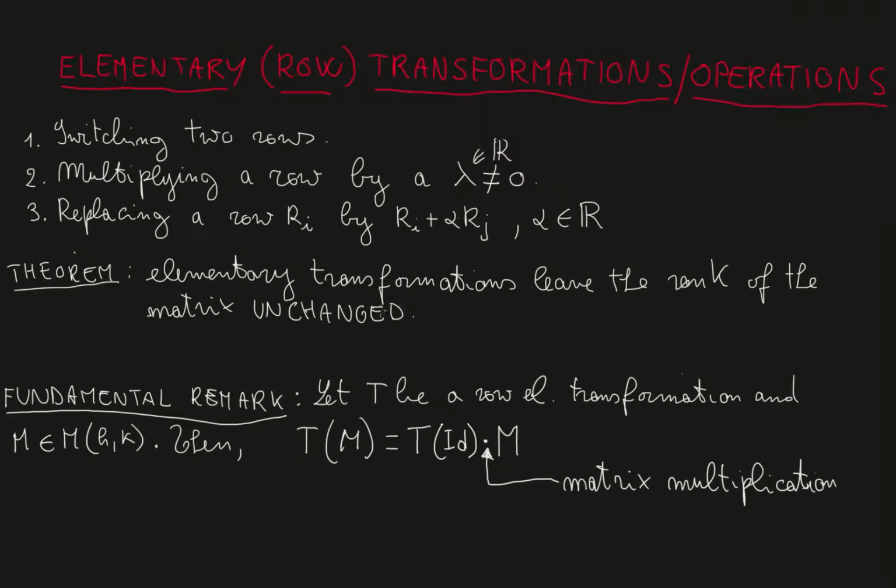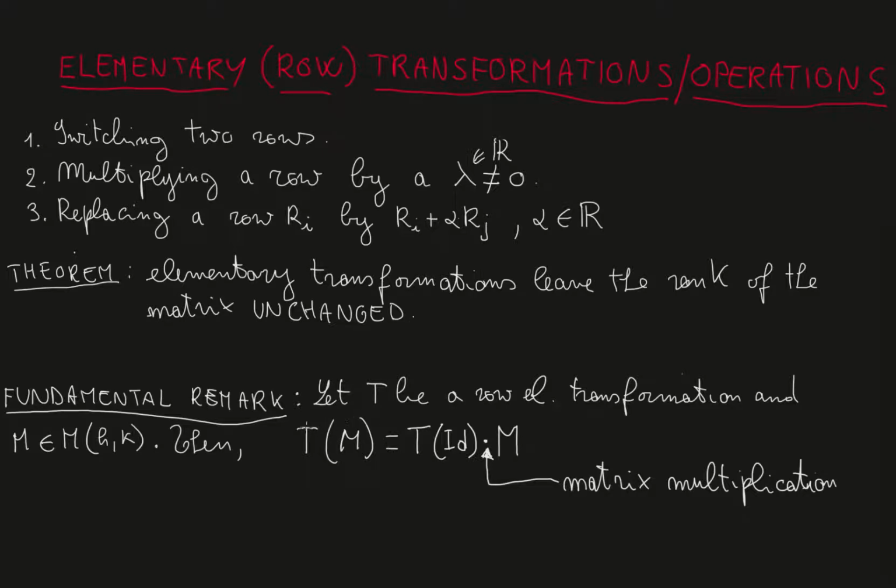A fundamental remark on elementary transformations is the following. Let T be a row elementary transformation and M a matrix with H rows and K columns. Then if I apply the transformation T to M, any of these ones, 1, 2, or 3, I will get another matrix, which we call T(M), T with M between parentheses.